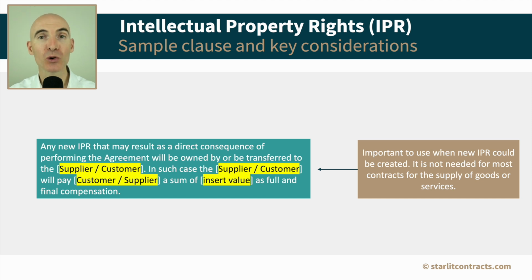This type of clause or a similar mechanism can be very helpful when you've got a research and development agreement, or when you've got two contract parties that are coming together to try and create something new, something innovative. It probably isn't needed in most cases when you just have a normal sale agreement. When you have maybe an off-the-shelf product, you're sending that to the customer, and the customer is making a payment for it. The customer's not actually contributing anything to the creation or the development of that product. So in those circumstances, you probably wouldn't need the clause.